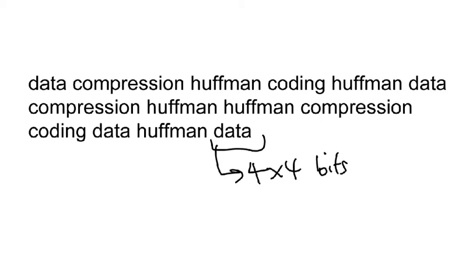So you can imagine that in all, we need a substantial number of bits to store this whole sequence of strings. The idea in compression is to reduce the number of bits needed to store this same data.